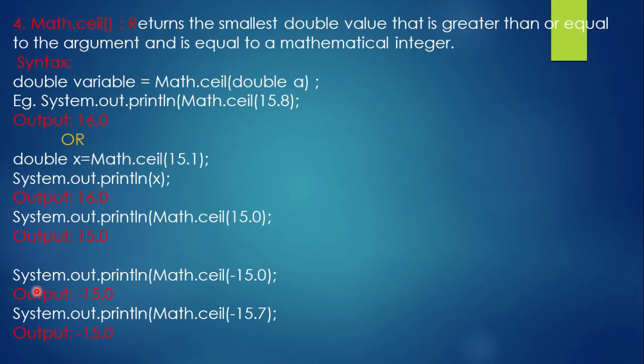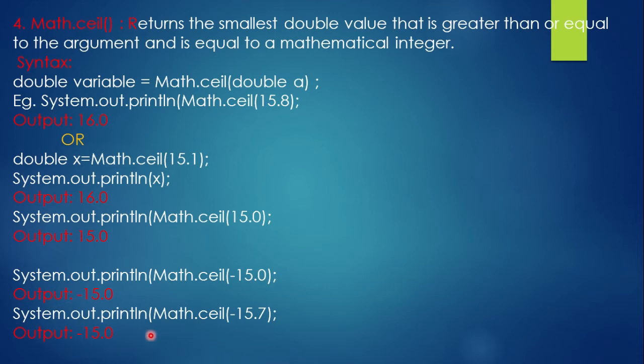There is a very important thing you need to notice: when you give minus 15.0 you get the same value, but when you give minus 15.7 you get minus 15.0. So you will have a doubt, why not minus 16.0? How are we getting minus 15.0? The answer is very simple.